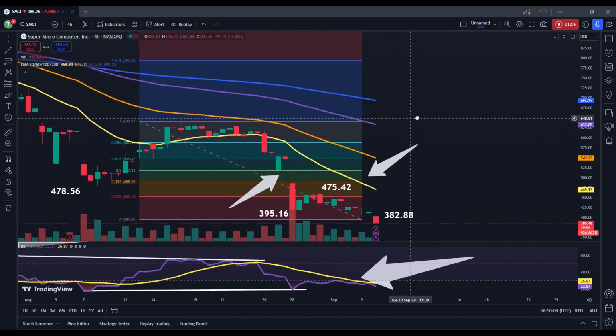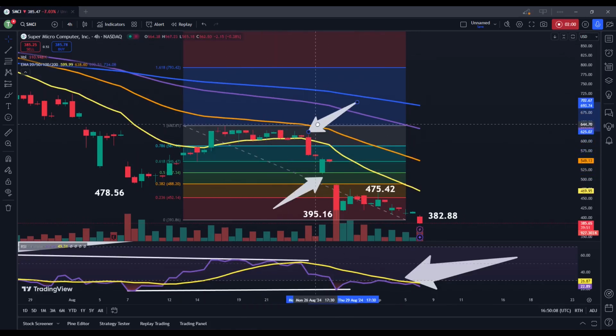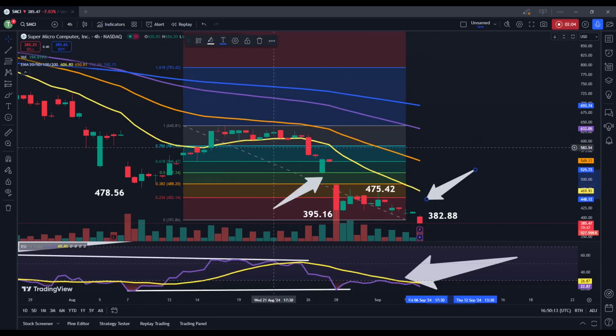In addition to this, we have to look at the share price activity as it relates to the exponential moving average cluster. Currently, what we're looking at is a share price movement which has remained consistently below this entire series of 4 moving averages.